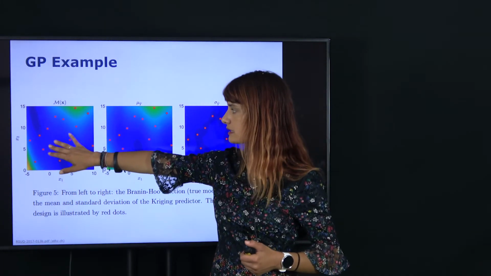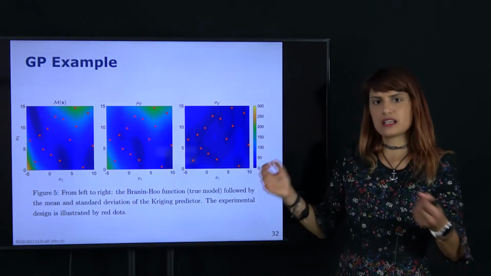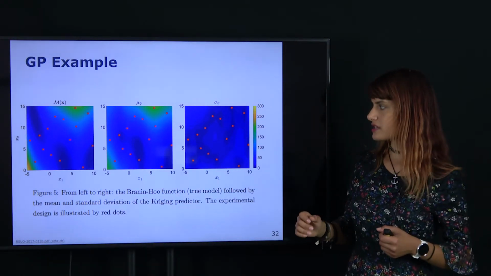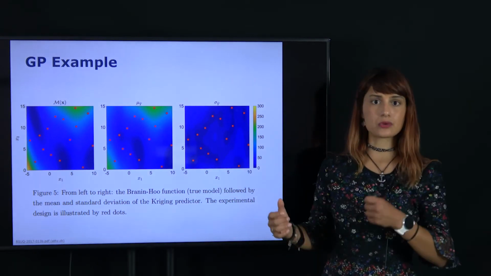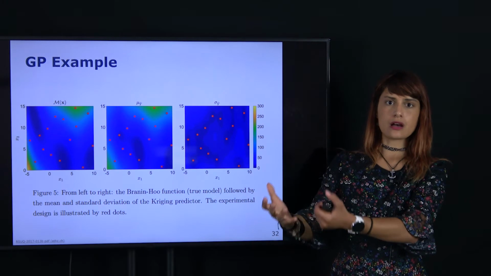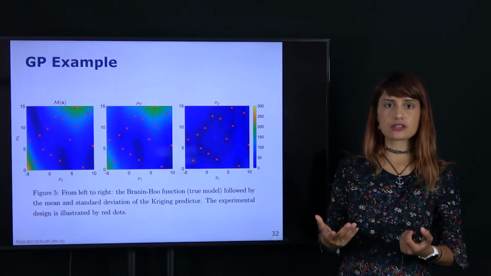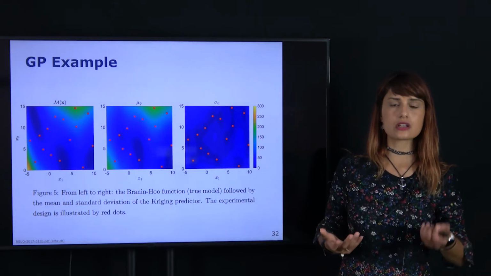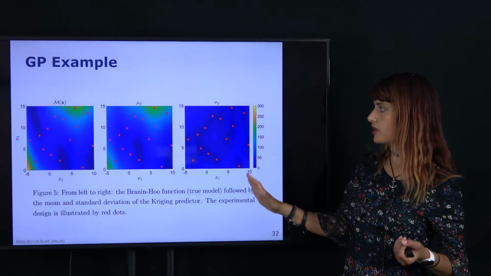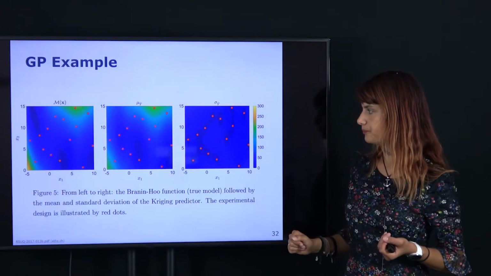Now the red dots indicate this training data X on the previous slide, where we take measurements. This is some data that we give to our model, and we say we have these observations available to us. Now what the model will do is take this information and apply regression over the distribution of functions to tell us the mean and covariance associated with the entire field.